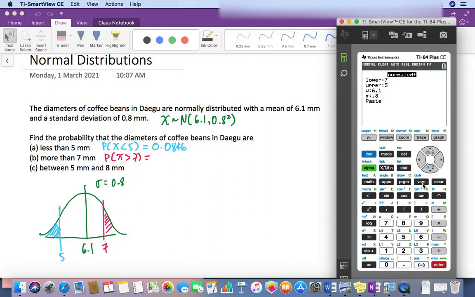So the upper bound is defaulted as 1 times 10 to the 99, but you could just put like as many 9s as you want, easier to input. So you can identify that probability to be 13.0%. So 0.130 to 3 significant figures.